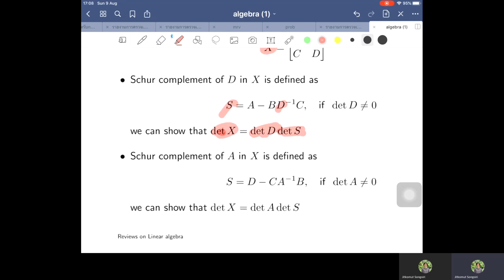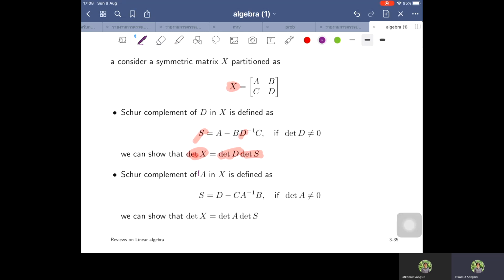There is a second definition of the Schur complement. We call it the Schur complement of A in X. If you look at the formula, it is defined as D minus C A inverse B. Again, the same condition applies: the Schur complement of A in X is valid if A is invertible.